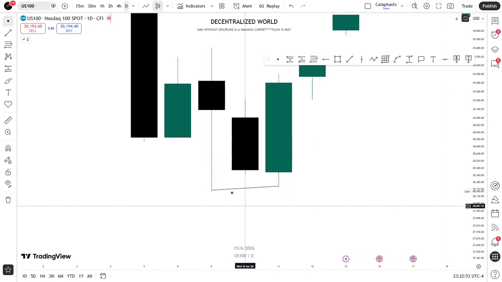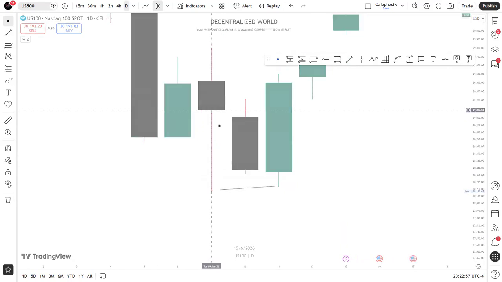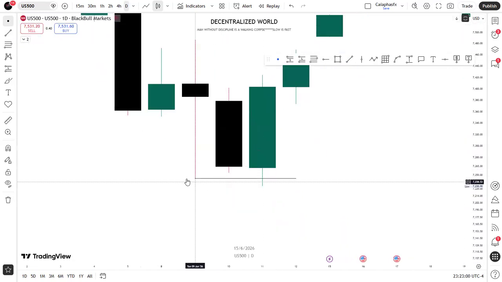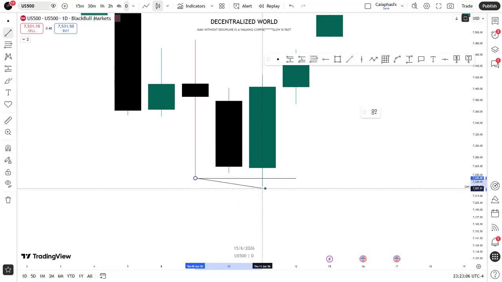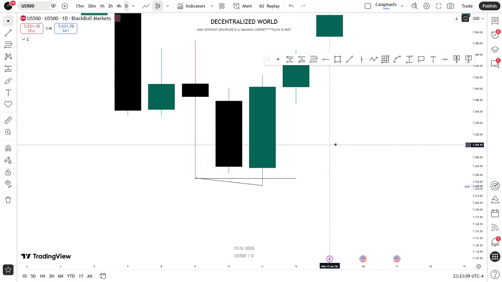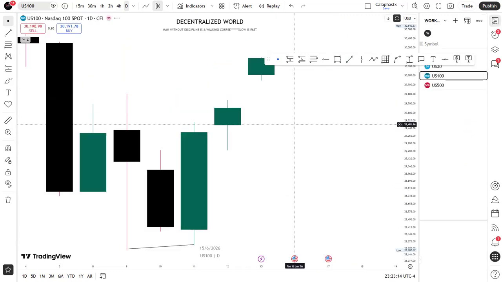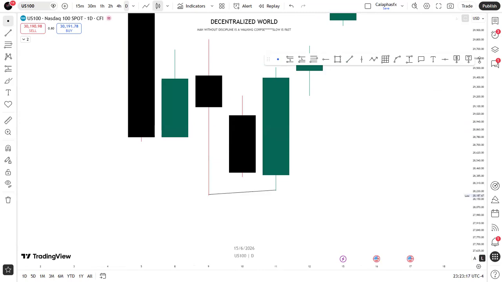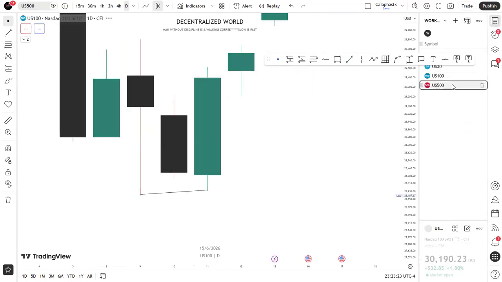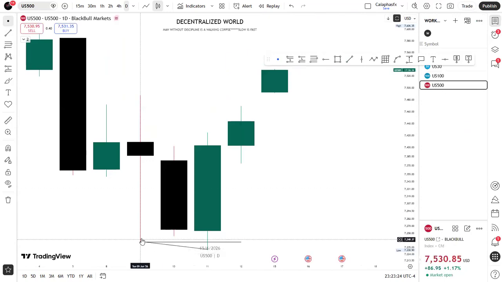So then we got an SMT with US 500. If you take a look at this one, it didn't take out the stuff, right? This was Tuesday, and then this was Tuesday as well.